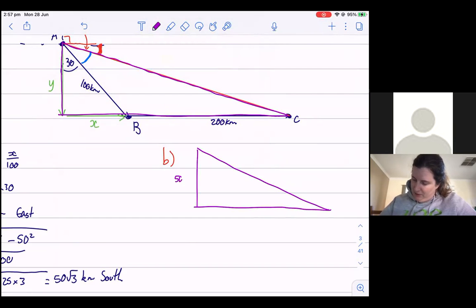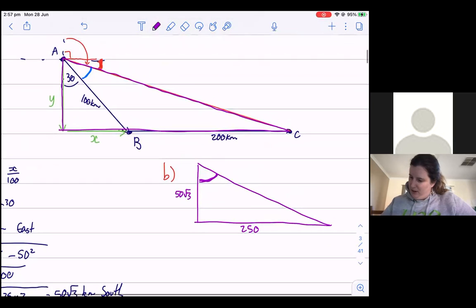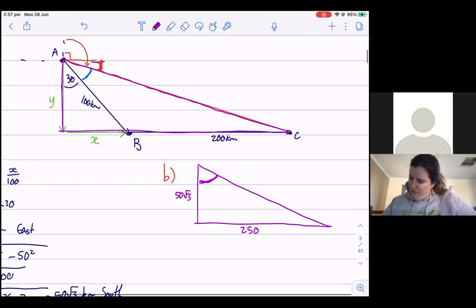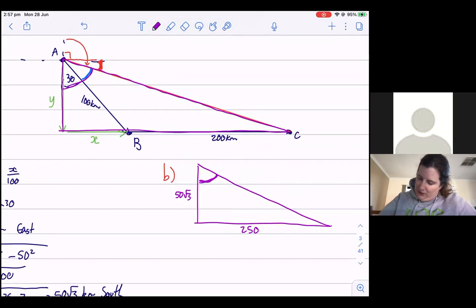It's 50 root 3. I know how far along it is because this is 50, this is 200, so it's 250. And I can find this whole angle and then subtract. If I subtract those from 90, I'll be able to find this extra bit.